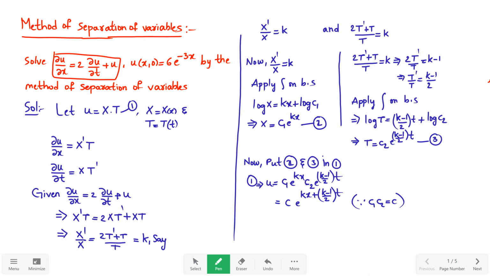But here we are asked to find the solution under the condition u(x, 0) = 6 e^(-3x). So we have to use that condition to find the arbitrary constants involved in this solution. That is, we have to estimate the c and k values here. For that we put t = 0 in equation 4.